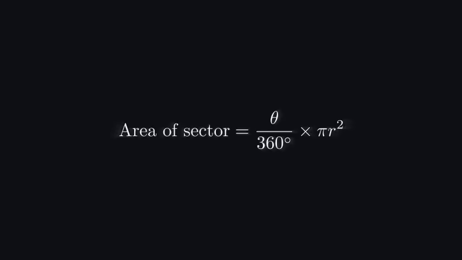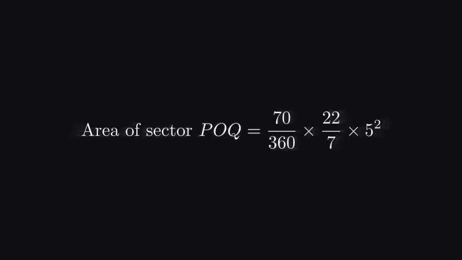Next, we find the area of sector POQ. The formula is theta over 360 degrees times pi r squared. Theta equals 70 degrees, r equals 5 centimeters, and pi equals 22 over 7.